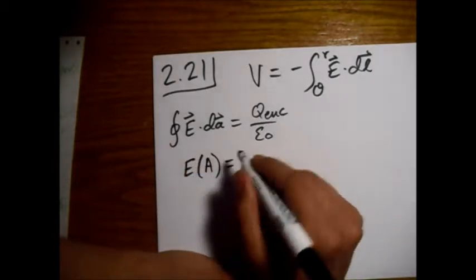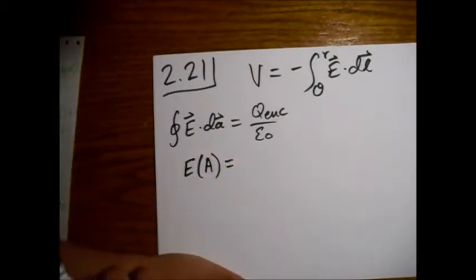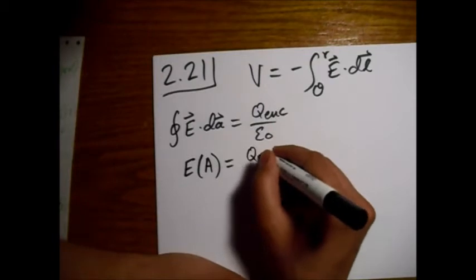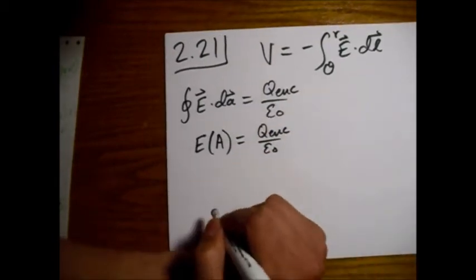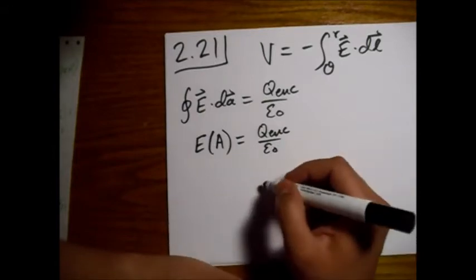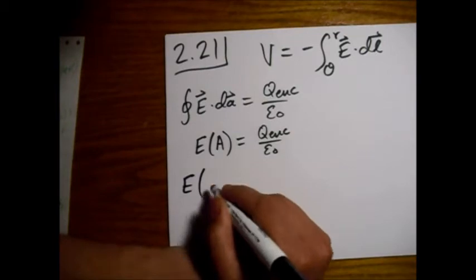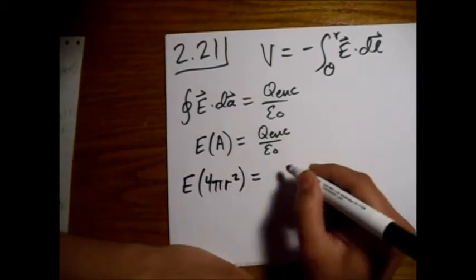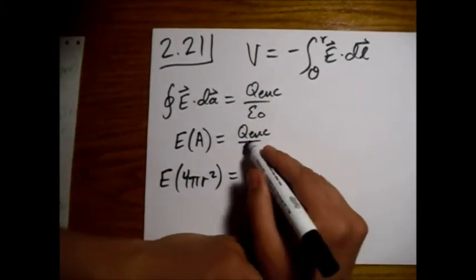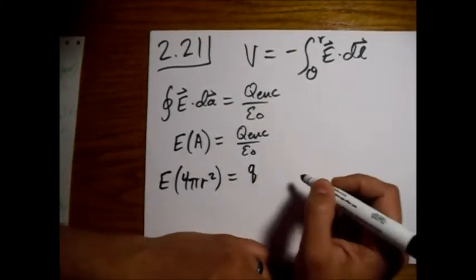So we just get E times the total area of the sphere. Let's do outside first, it's easy. We know what A is, 4 pi r squared. And the total charge enclosed will be the total charge of the entire sphere, which they give us as little q.